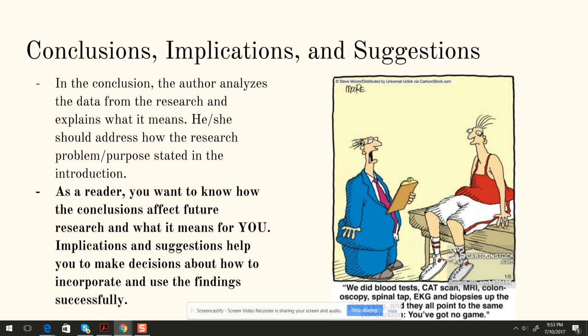But if you're having trouble with that, the author takes these and says, well, this is what I found, and this is what this means to you as a reader. And this is a suggestion I make based upon my experiments. So you want to look at those implications and suggestions and think to yourself, can I use them? Can I use them in my research? Can I use them in my everyday life? Especially if you're reading some research to make a change in your life. Okay.